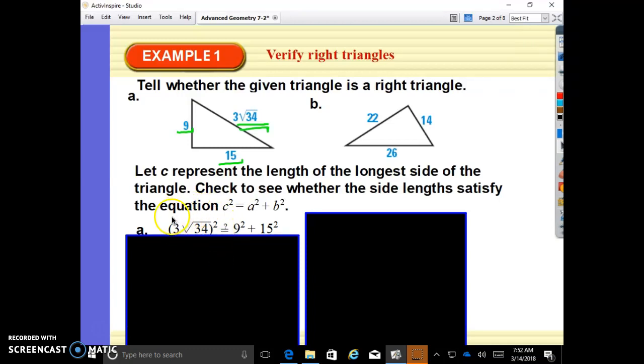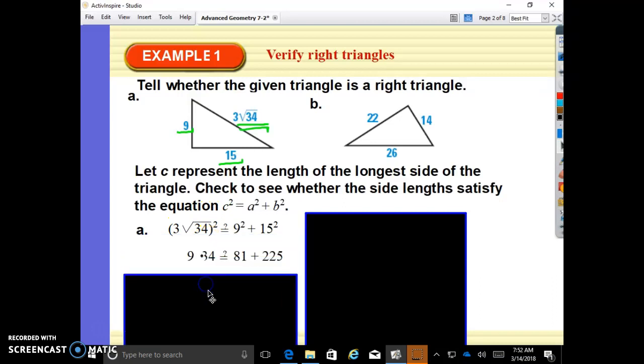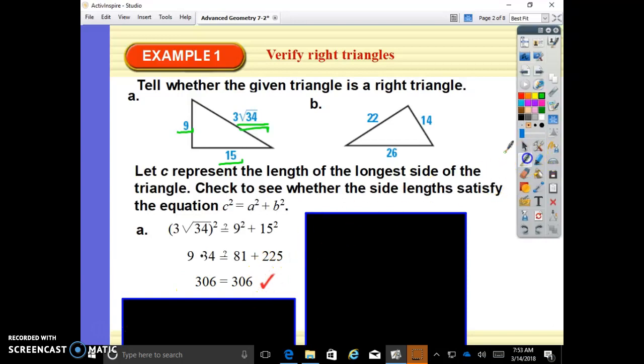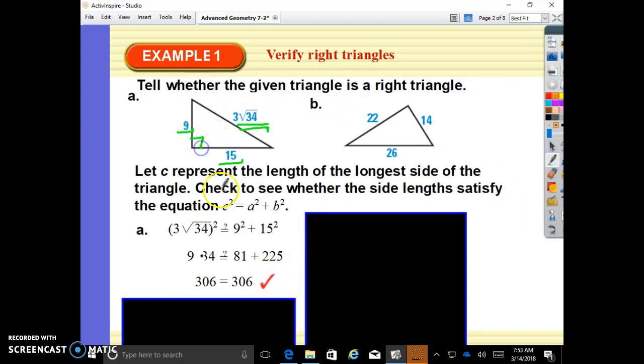How do I do this squared? It would be 3 squared is 9, and the square root of 34 squared is 34. So 9 times 34 is 306. 81 plus 225 is 306. Since they equal each other, then yes, this is a right triangle.